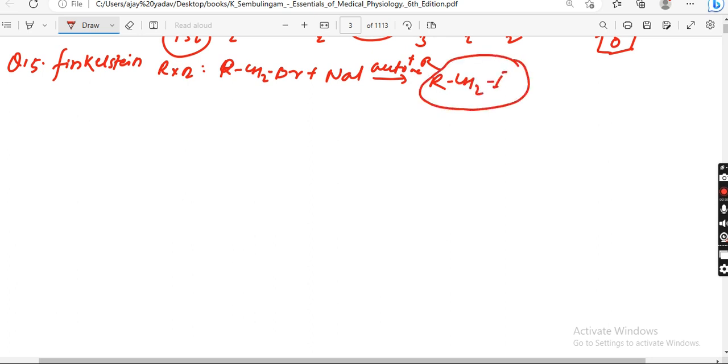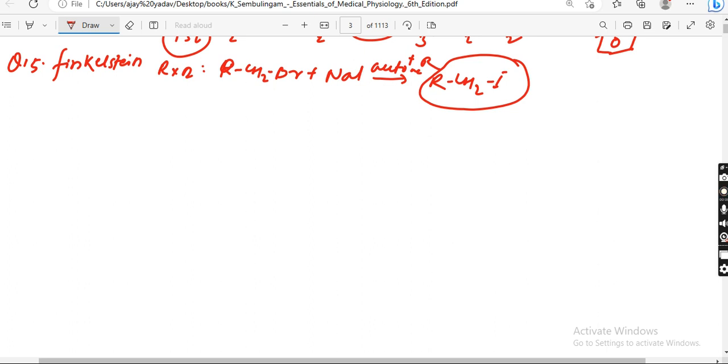This is what the Finkelstein reaction is. An alkyl iodide darkens on standing because of liberation of iodine by air. That is, iodine will be liberated from there and that will change into dark.